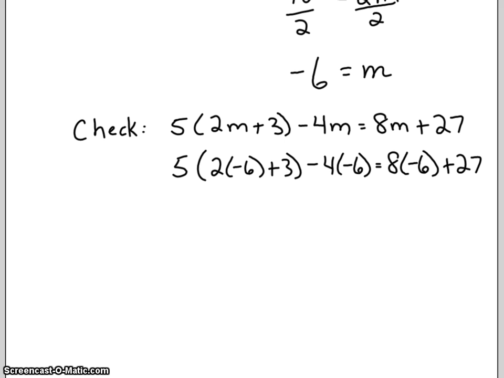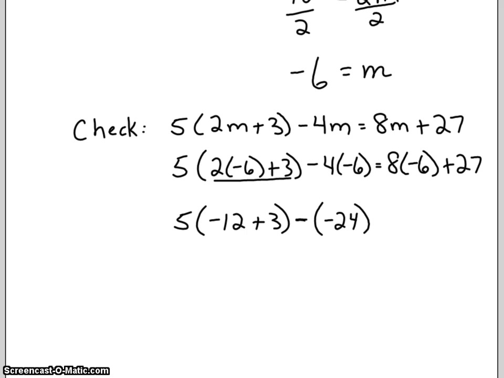So we need to use the order of operations now, which means we need to completely work out what's in the parentheses right here. Let's start by doing 2 times negative 6, that's negative 12, and then plus 3. Now here we can bring down the minus sign, and we can do 4 times negative 6, and that's minus 24.